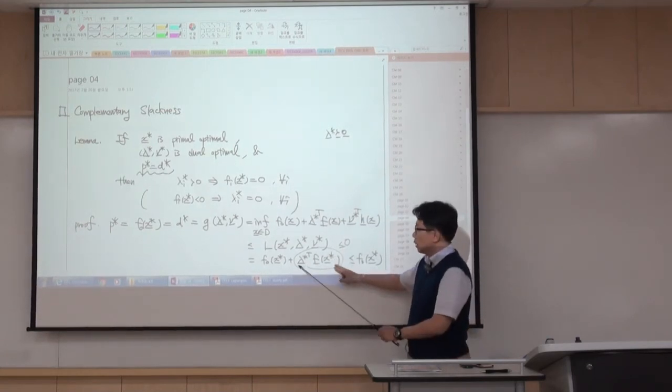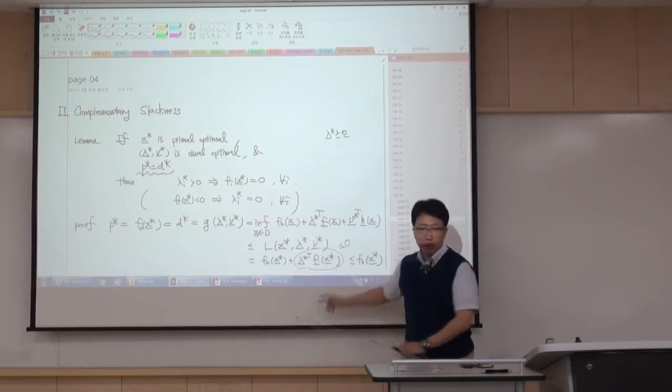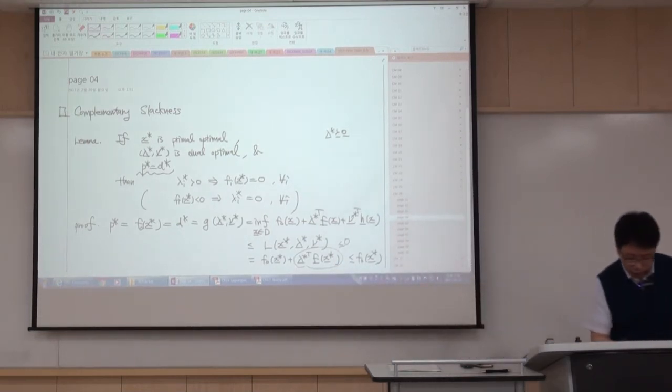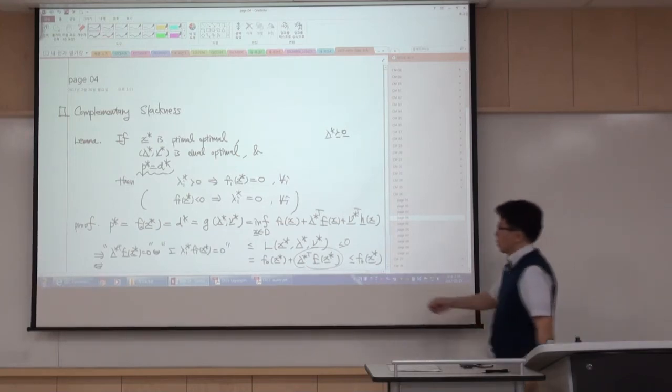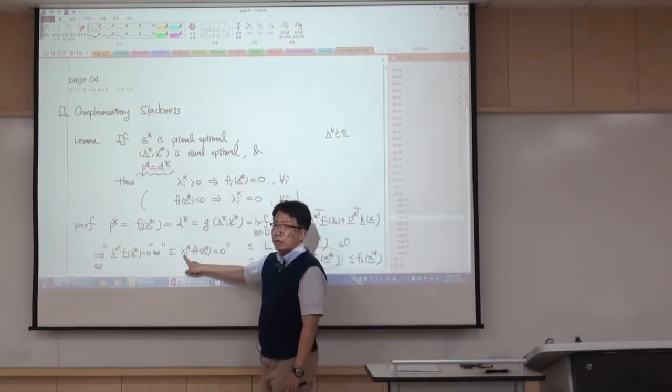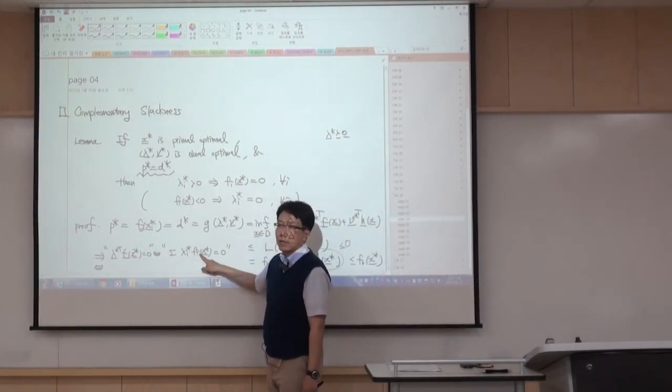Now, what does it mean that this is 0? The summation of lambda i star f_i of x star equals 0. And what does that mean? As I already told you, lambda i's are greater than or equal to 0, f_i's are less than or equal to 0.